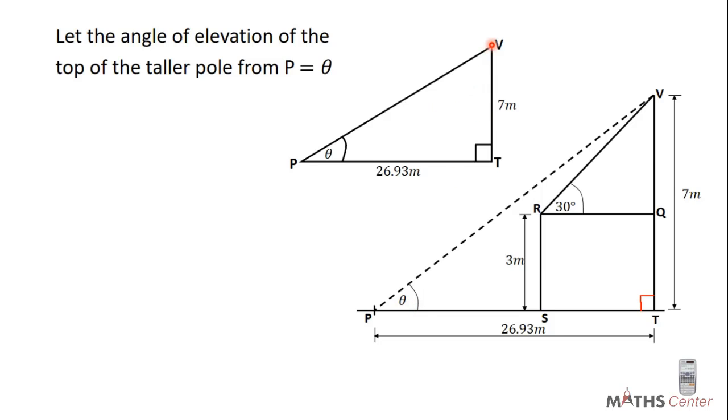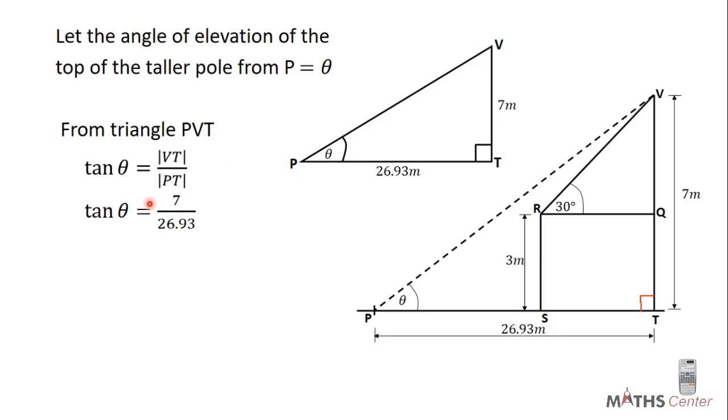Looking at this diagram, VT is opposite to theta and PT is adjacent to theta. So tan theta is equal to VT, opposite, divided by PT, adjacent. That is 7 divided by 26.93.